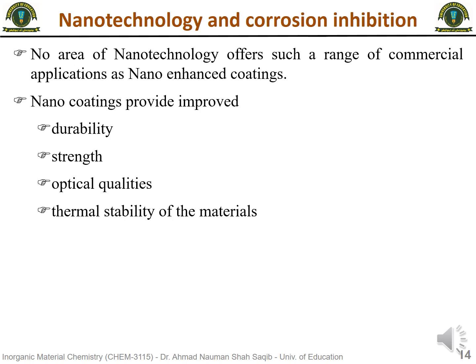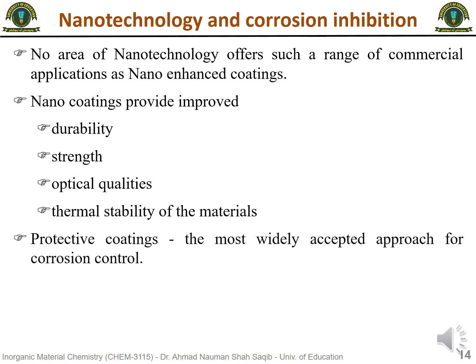And the more important thing, because we are, for example, in Pakistan we have hot summers, so if we are using nano coating, so they have the high thermal stability. So जो वो coatings होती हैं वो high temperature पे भी efficient रहती हैं और वो damage नहीं होती. So there are these many advantages of nano coating if we compare them with the conventional coating.